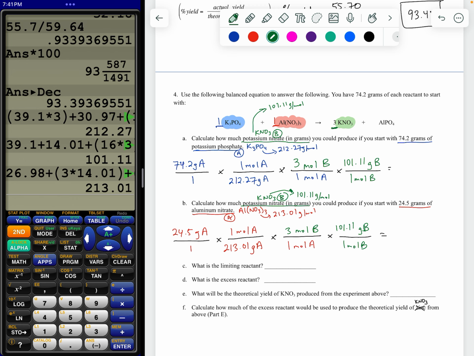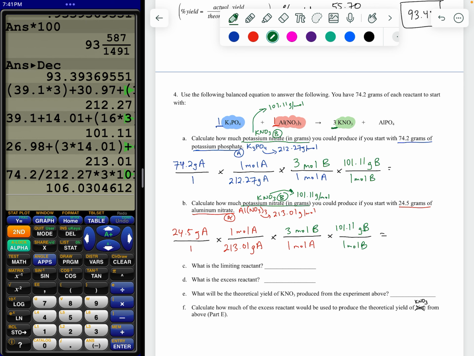So we're going to figure out how much potassium nitrate can be produced by that much potassium phosphate in A. We have 74.2 to start with, divided by 212.27, times 3, times 101.11. We get about 106.03. That is grams of KNO3, right?